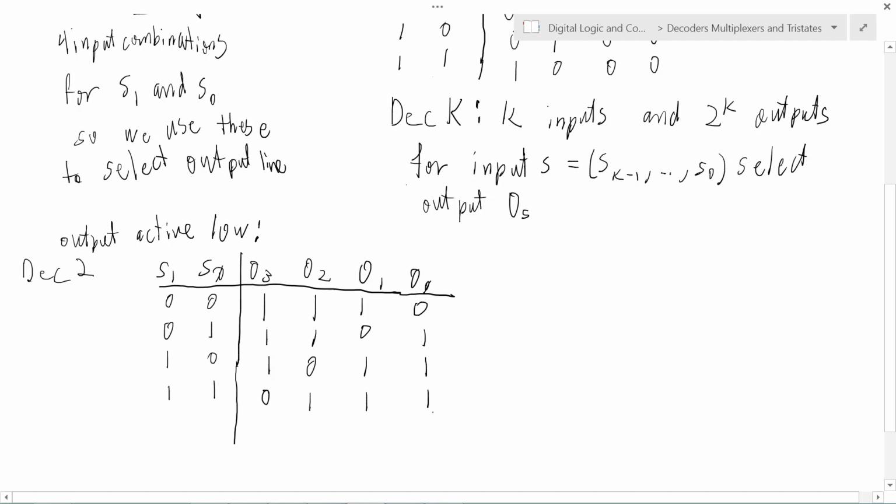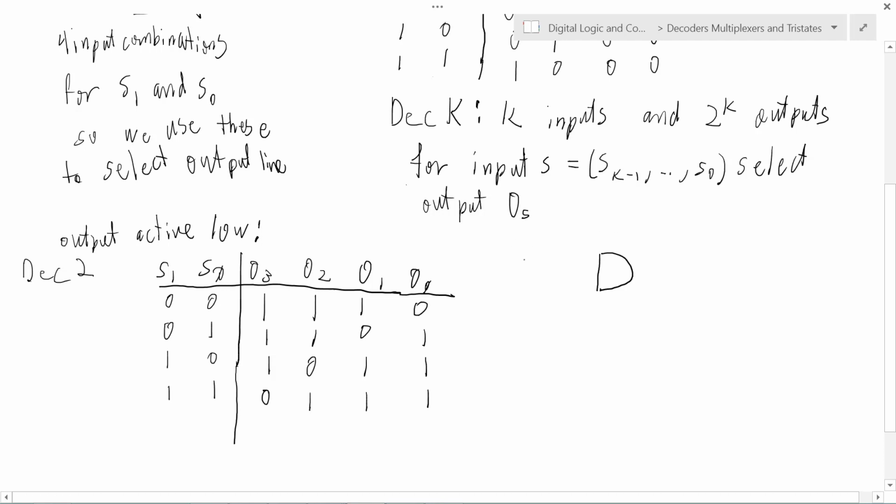Depending on circuit implementations, you can use a decoder with output active low or output active high. Now, implementing a decoder in digital logic is fairly straightforward. You can use AND gates for output active high or NAND gates for output active low.